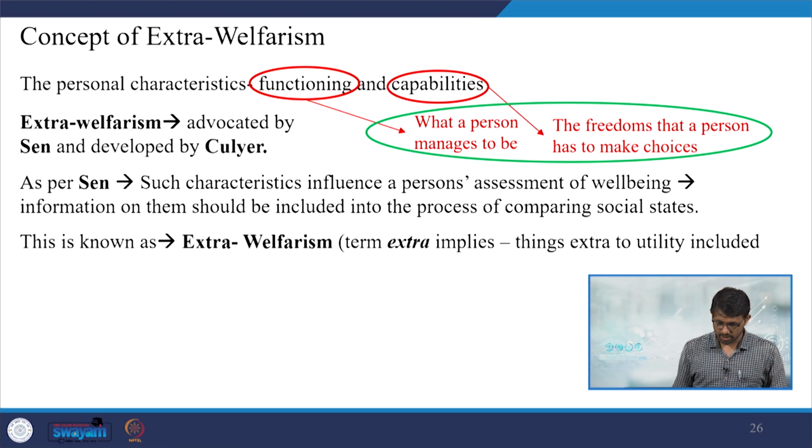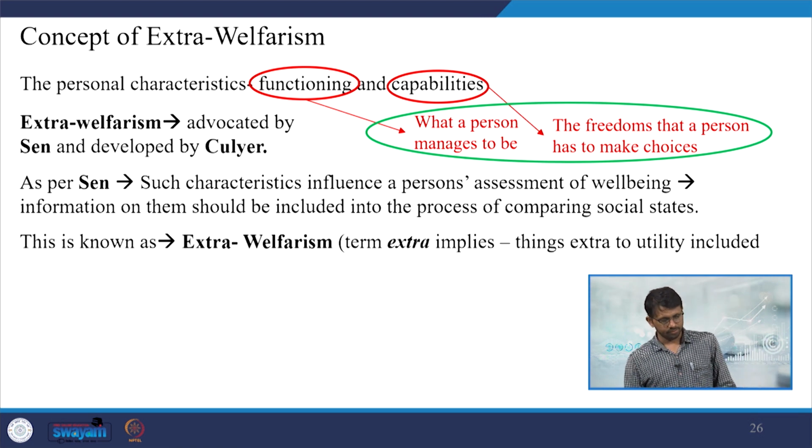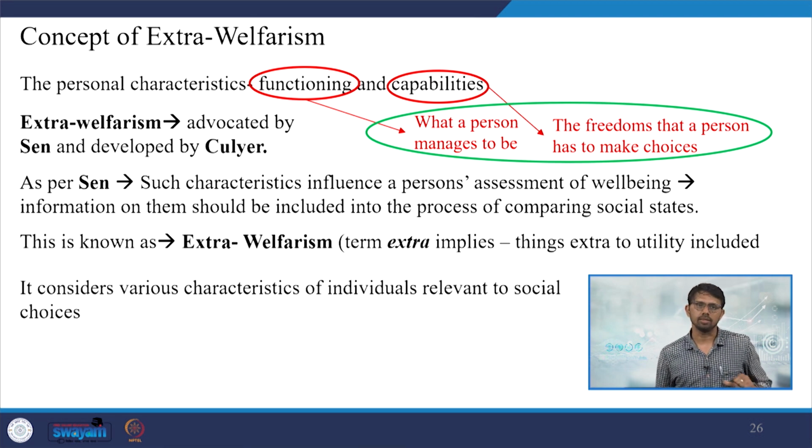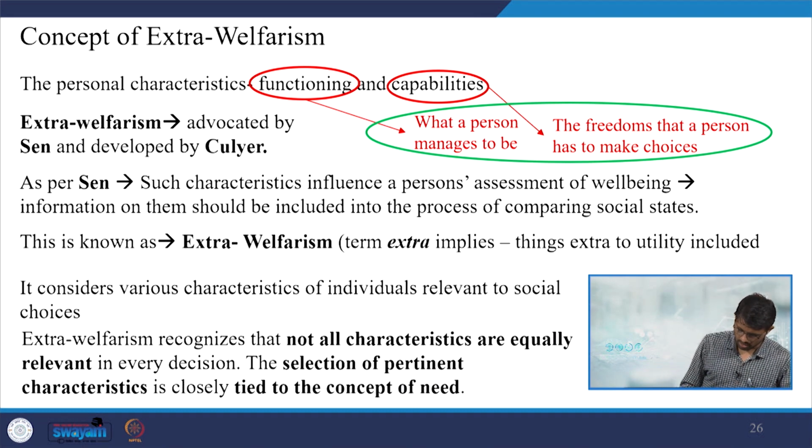This is known as extra-welfarism, because things extra to utility are included in this discussion. It considers various characteristics of individuals that are relevant to social choices, but not all characteristics are equally relevant in every decision. The selection of pertinent characteristics is closely tied to the concept of need. So this is also emphasized.